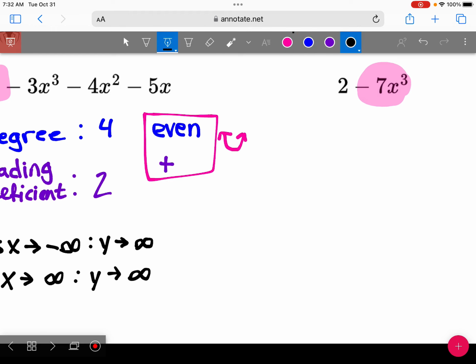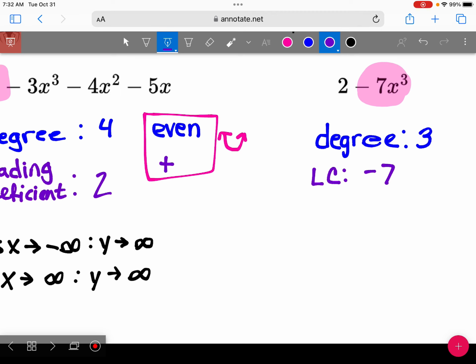So what is our degree? 3. And what is our leading coefficient? -7. So watch out for the operations. That's where they're going to hide operations on you.